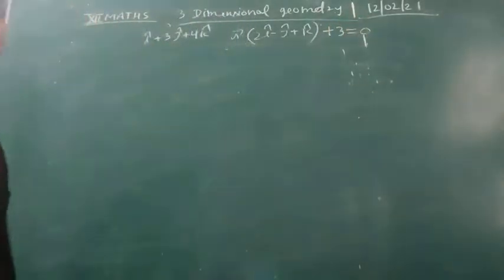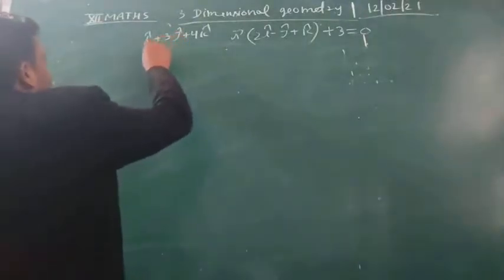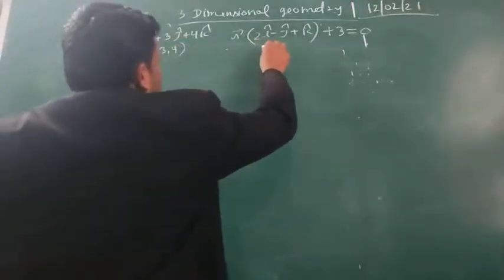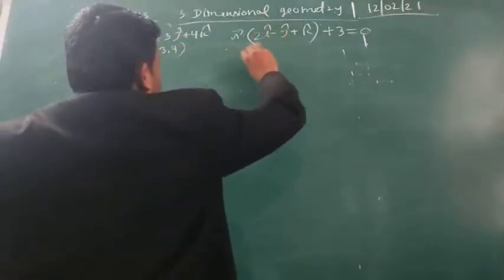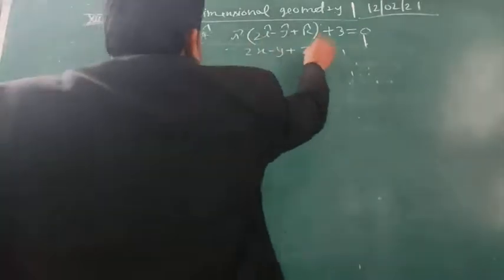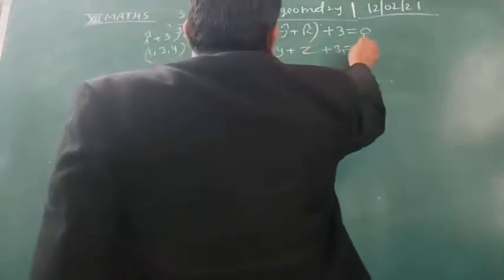Okay, students, so this is our question. So first of all, we take the point 1, 3, 4, and when we change this into Cartesian form, we write 2x minus y plus z plus 3 is equal to 0.